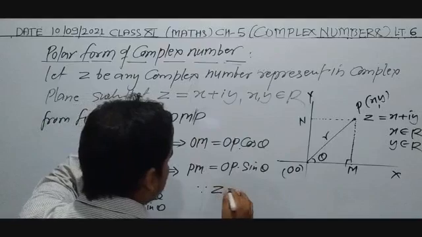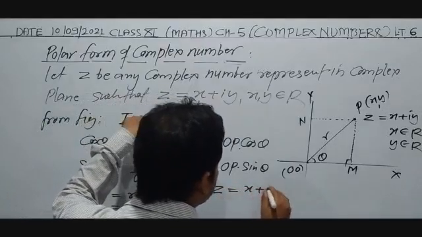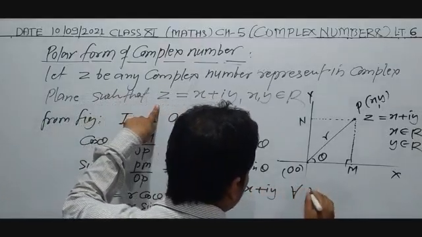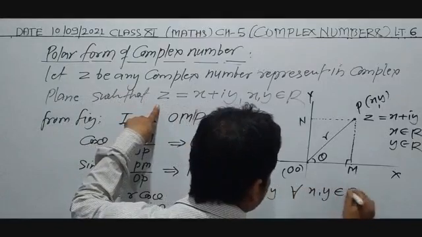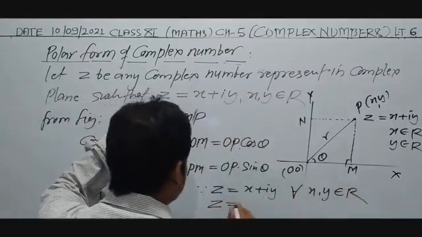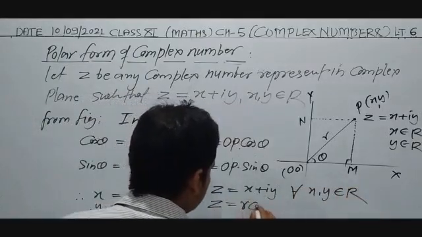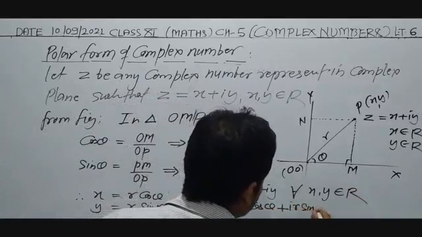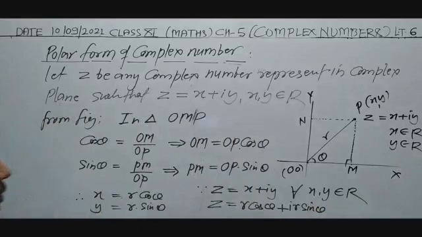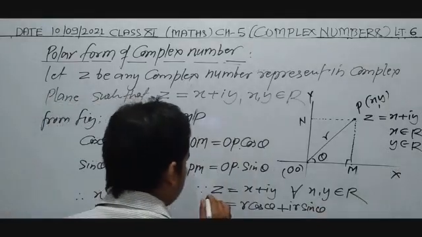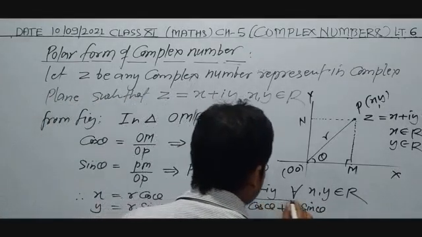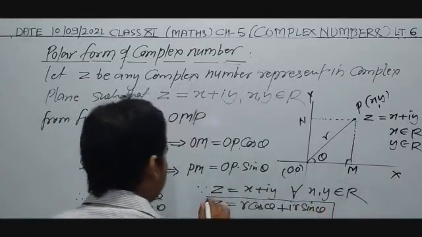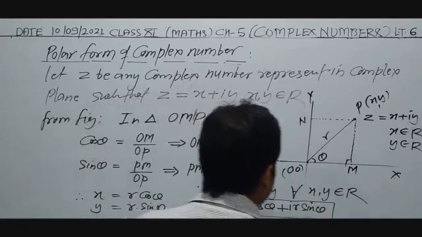Now you know, since z is equal to x plus iy for all x, y belonging to real, z is equal to r cos theta plus i r sin theta. This is the complex number in polar form.